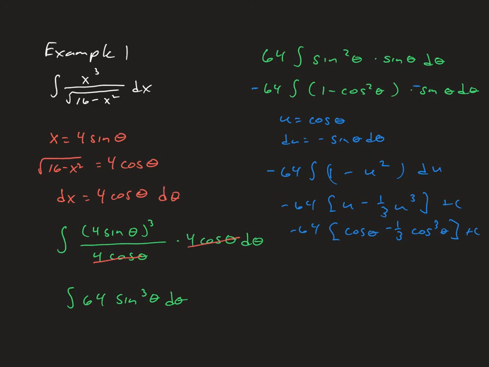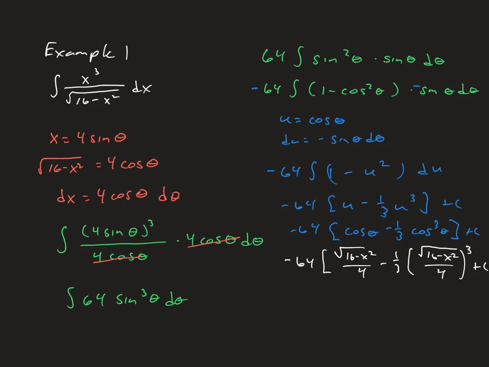So I can go through and make that substitution. I'm going to replace the cosine thetas with the square root of 16 minus x squared over 4. In that case, I will now get negative 64 times the square root of 16 minus x squared over 4, minus 1/3 times the square root of 16 minus x squared over 4, that thing to the third power, plus c.